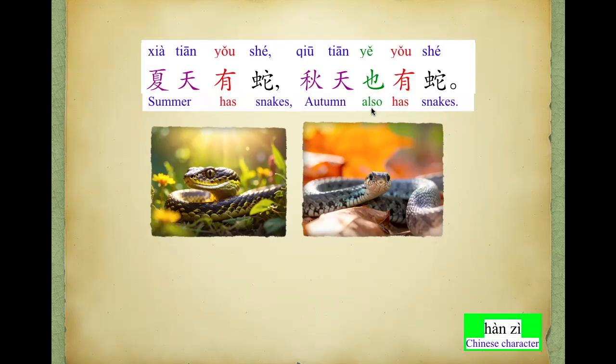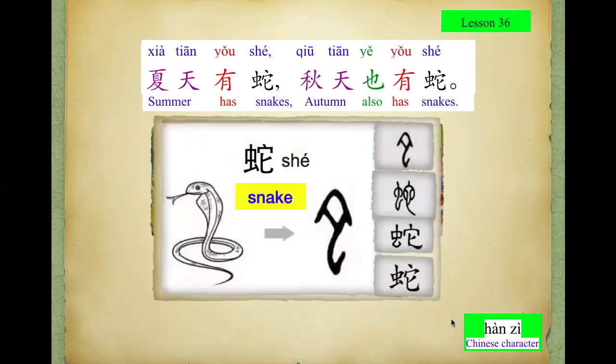There are also snakes in autumn. Say with me: 夏天有蛇，秋天也有蛇。In lesson 33, we've learned 汉字蛇. That's the 蛇, snake. And the Chinese drew the outlines, and it gradually evolved like this.